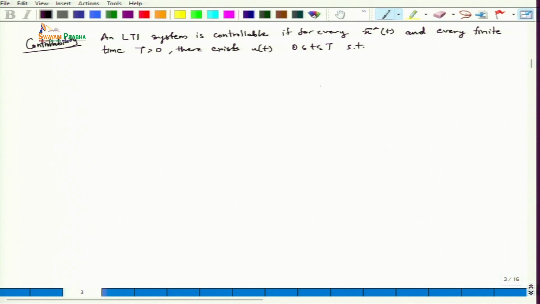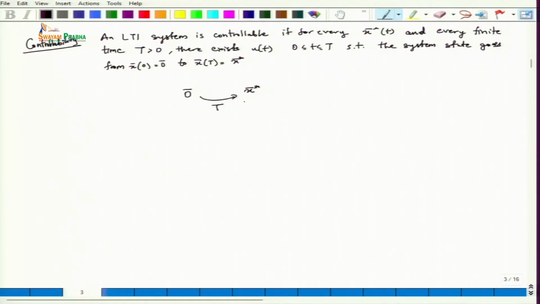such that the system state goes from the initial state equal to 0 to some state x star within a finite time T. So the whole idea is we want to move from 0 to x star within a finite time T. So can we find the control input which makes this possible?